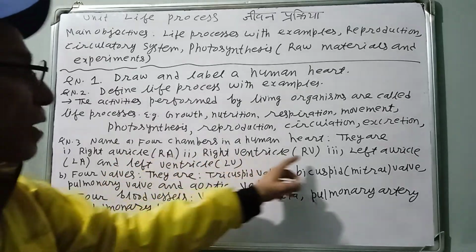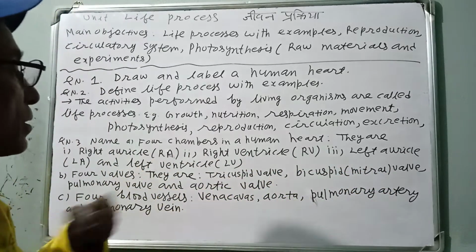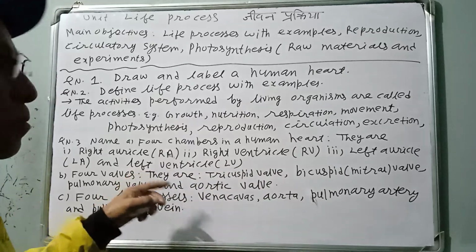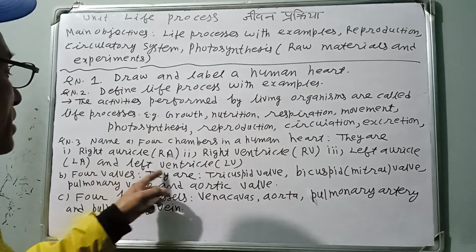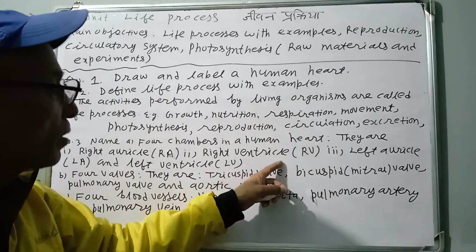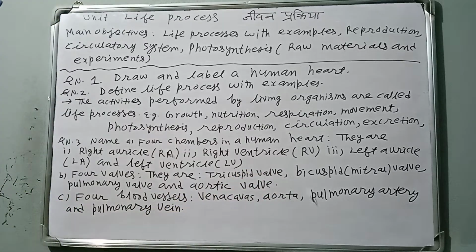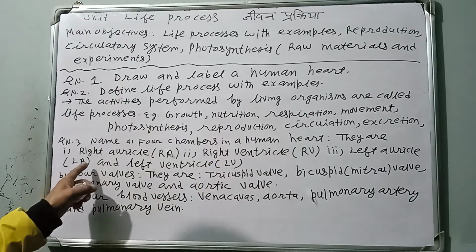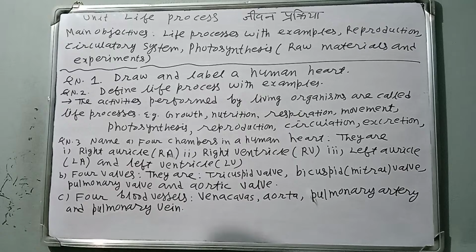So auricles are upper chambers which receive blood from all parts, and ventricles also receive blood coming from auricles. So they are right auricle, right ventricle, left auricle, left ventricle.